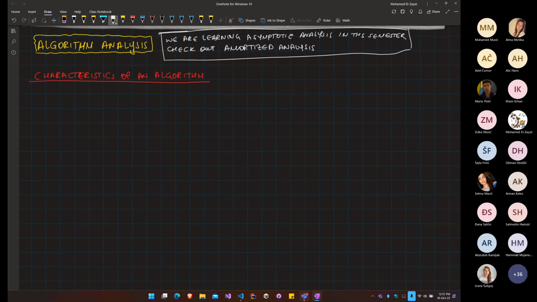First of all, before I actually finish the sentence, algorithms in general are steps describing how to solve a certain problem. That's what an algorithm by definition is.